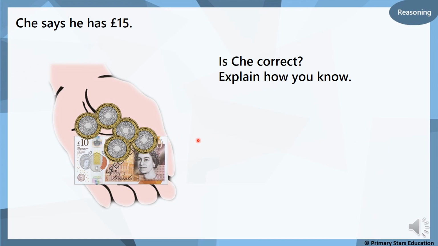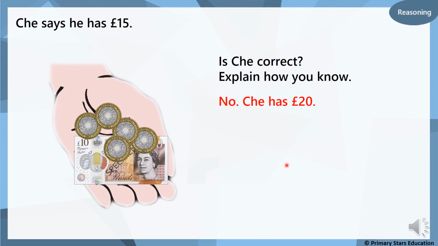So Che says he has £15. I want you to have a look and tell me if you think Che is correct, and tell me how you think you know. Now, to work this out, let's have a look at how much money he has in his hand. We can see there's a £10 note, and then we can see there are £2 coins. So let's count how much money there is altogether. 10, 12, 14, 16, 18, 20. So we've just counted that he's got £20 in his hand. So is he correct when he says he has 15?